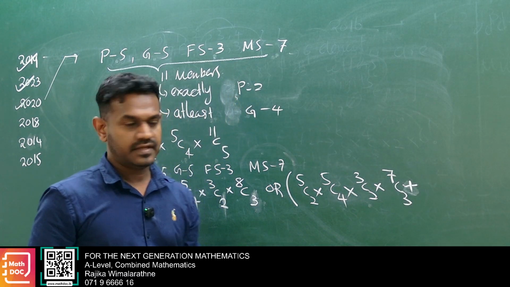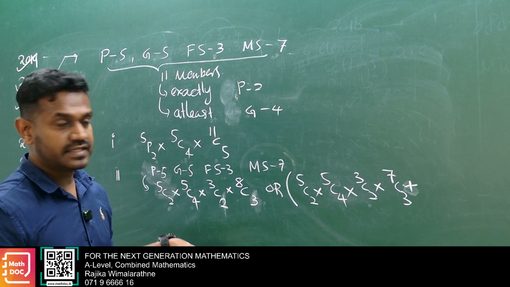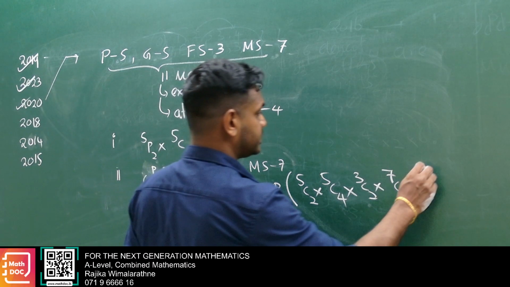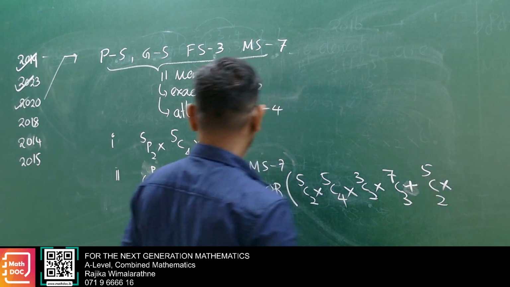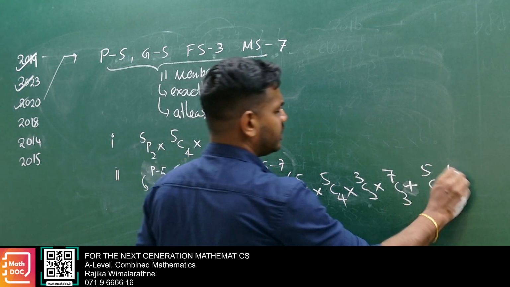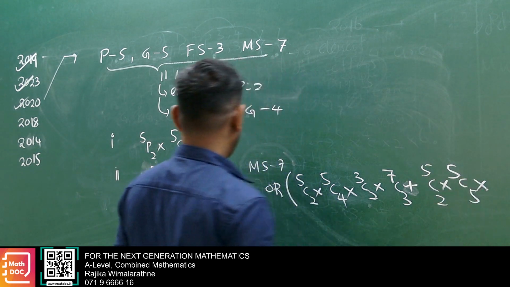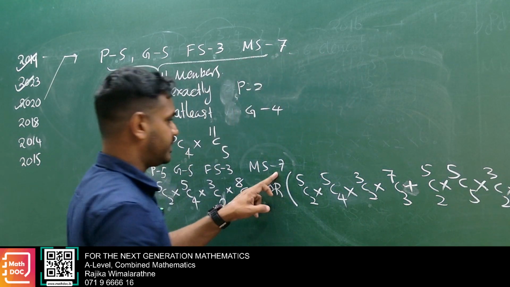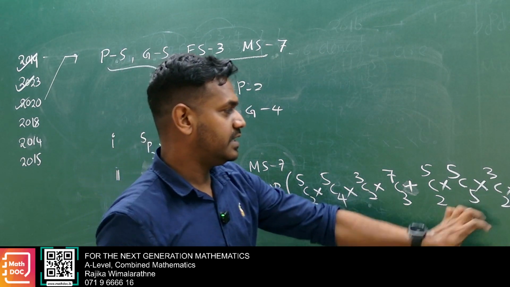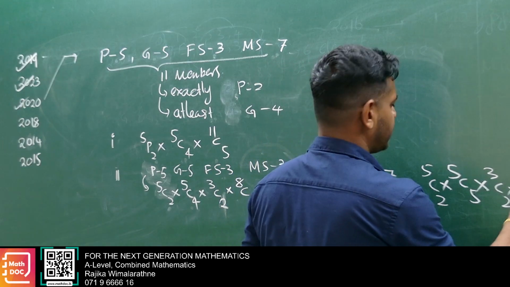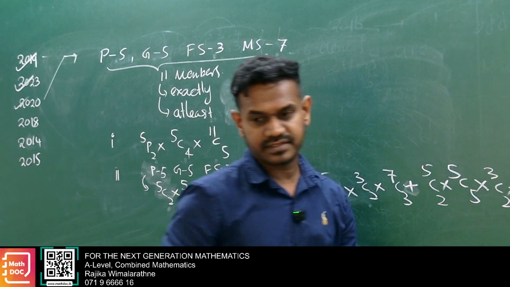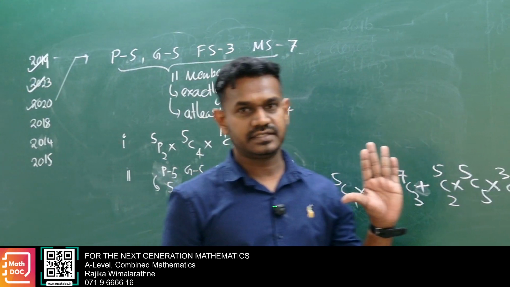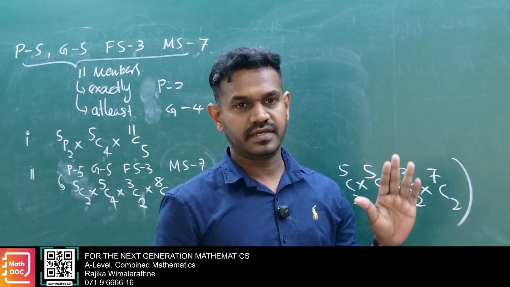Plus at least 4 guitarists, then 2 pianists 5C2, then 5 guitarists 5C5 and 2 female singers 3C2, and up to now 9, then 7C2 male singers. Both combinations can be taken.